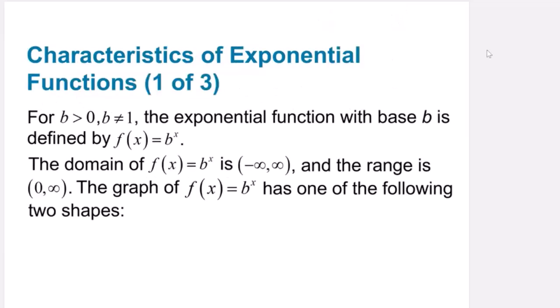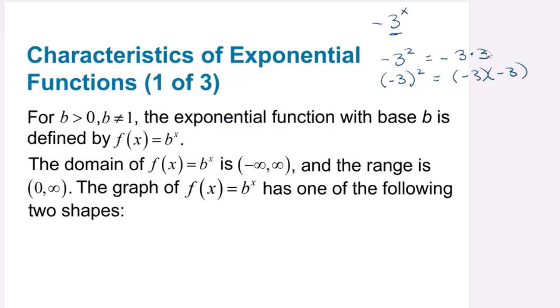Characteristics of the exponential function. B is always greater than 0. If there's a negative, it's outside of the b. If I said negative 3 to the x power, the base is 3. Negative 3 squared with no parentheses is equal to negative 3 times 3, as opposed to negative 3 in parentheses squared, which is negative 3 times negative 3.